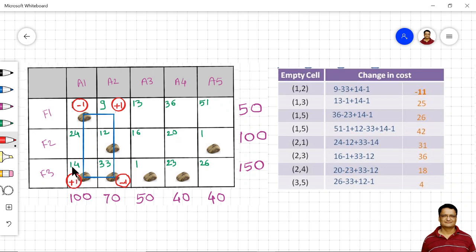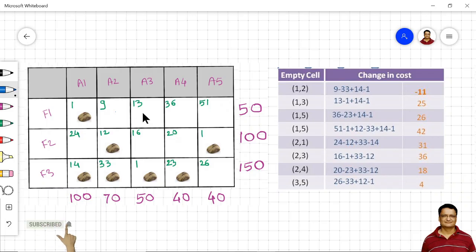This plus 1 is associated with this 14 unit transportation cost, so I have written it as plus 14, and this minus 1 is associated with this 1 unit transportation cost, so I have written it as minus 1. So you can see that plus 9 minus 33 plus 14 minus 1 gives me the value of minus 11. So if I allocate one product at this empty cell, it will reduce my total transportation cost by 11 units.